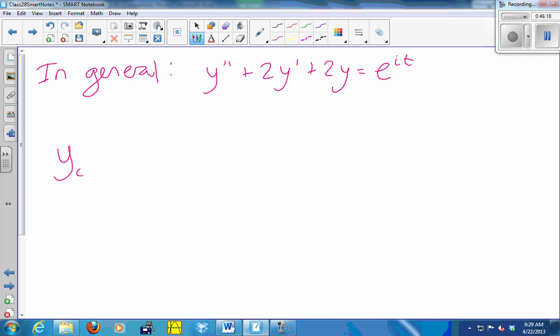We'll call it yc for y complex. And it's got a real part plus i times an imaginary part. We already figured all this out, but I should have done this first. And I know that I can write this as cosine t plus i sine t.